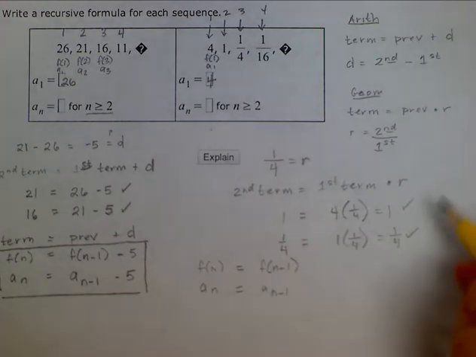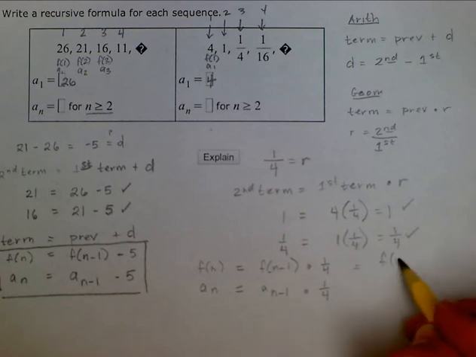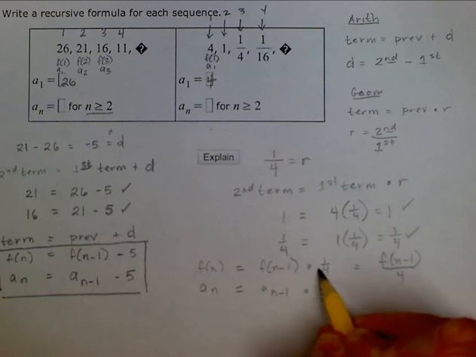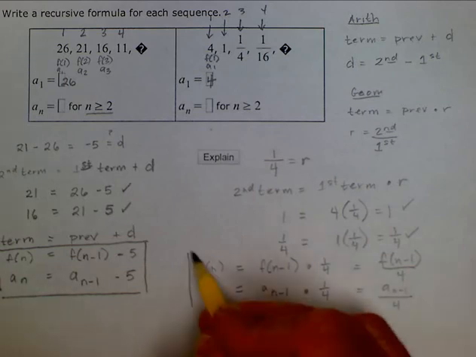And then finally we multiply by our common ratio, which is 1/4. And you can leave it like this, or if you wanted to write it, f of n minus 1 all divided by 4, which is the same thing as multiplying by 1/4, or a subscript n minus 1 all over 4. Either way, these answers are correct.